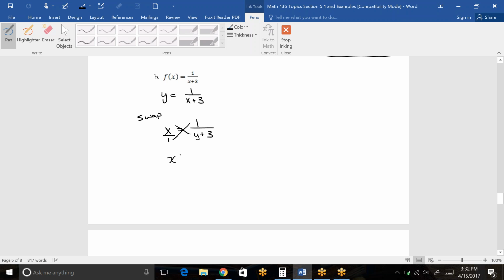So this would be x times y plus 3 equals 1. Go ahead and distribute that. Subtract over the 3x to get y by itself, so 1 minus 3x, and then divide by x. So my inverse function for this original of 1 over x plus 3 is 1 minus 3x over x.